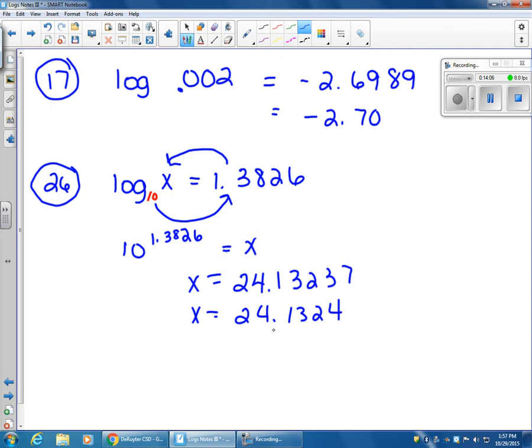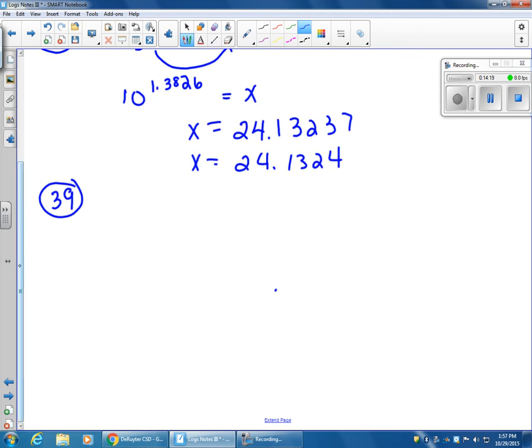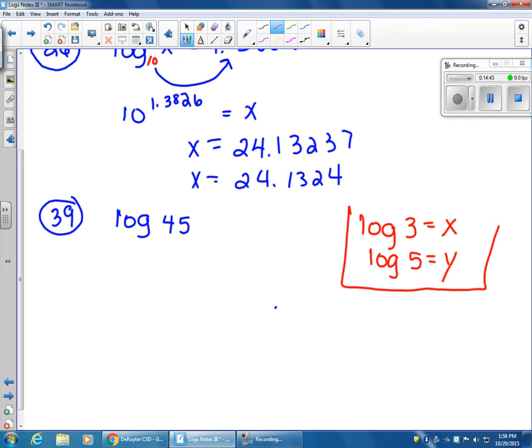Next one we're going to look at is 39. It's log of 45, but in the directions, we're saying if log 3 equals x, and log 5 equals y, write the following in terms of x and y.